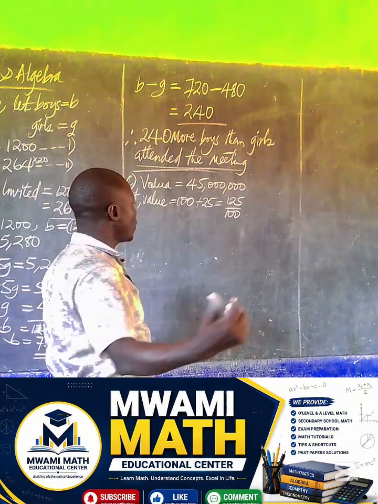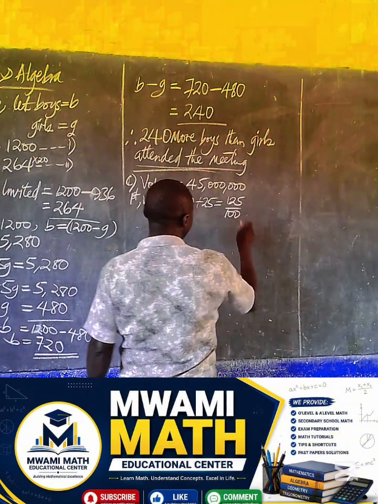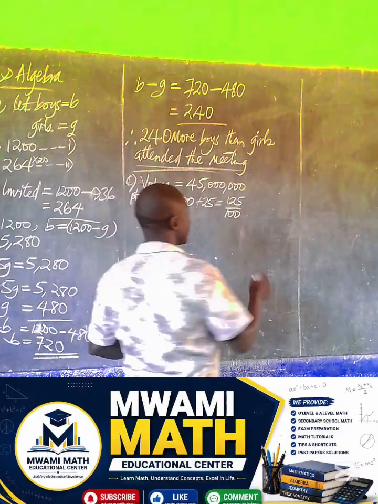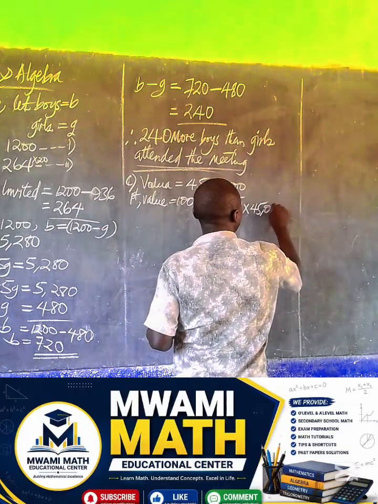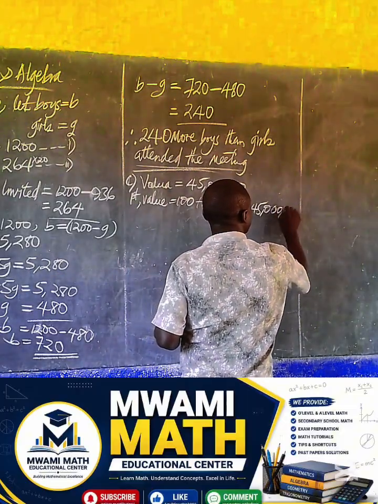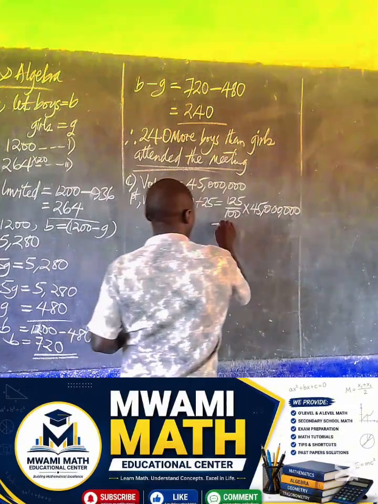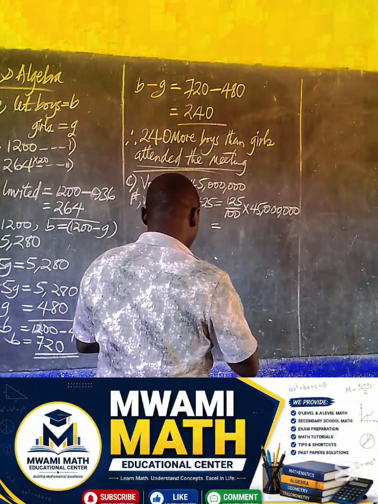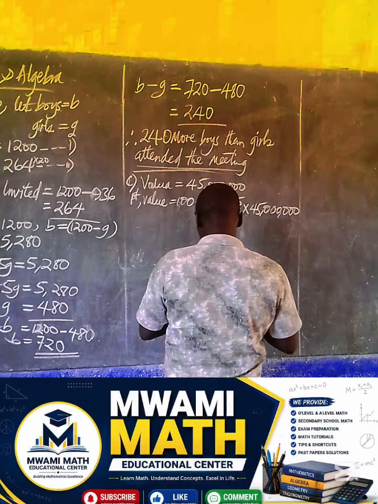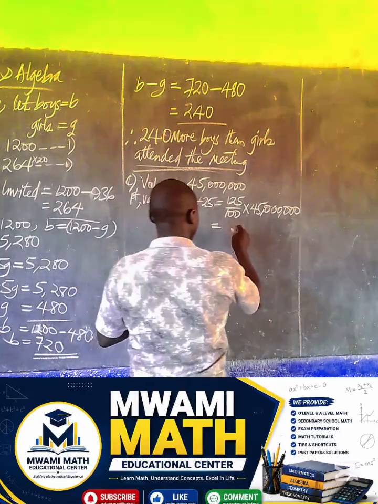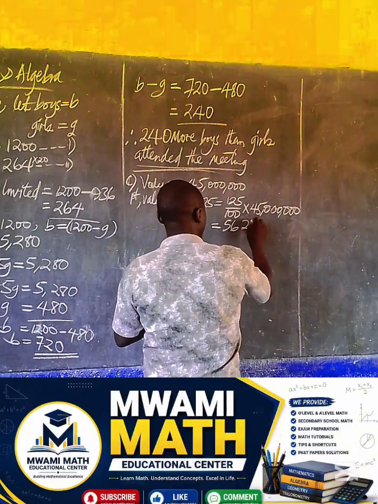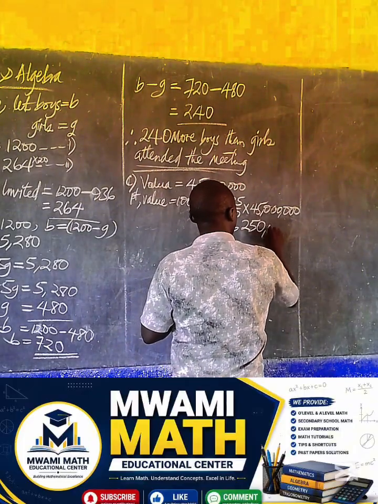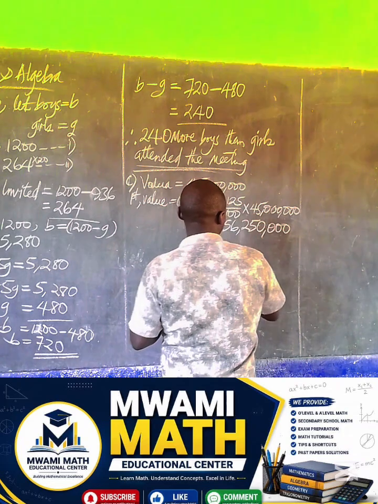So we can convert this to shillings by multiplying by 45 million. So that gives us 56,250,000.